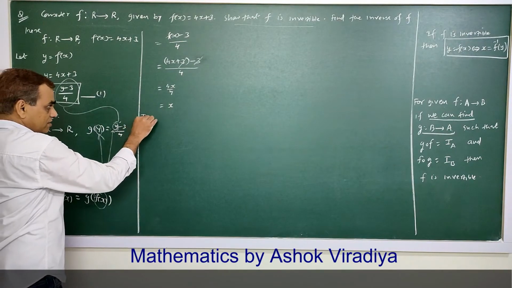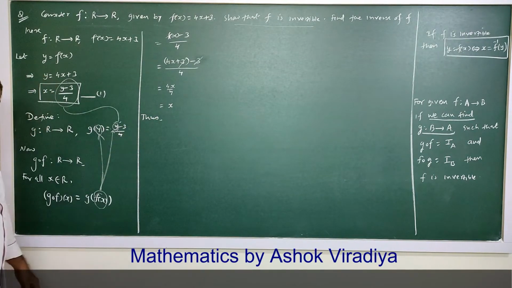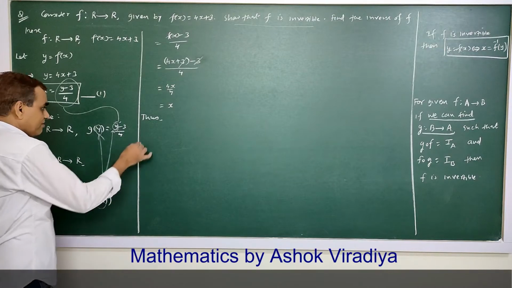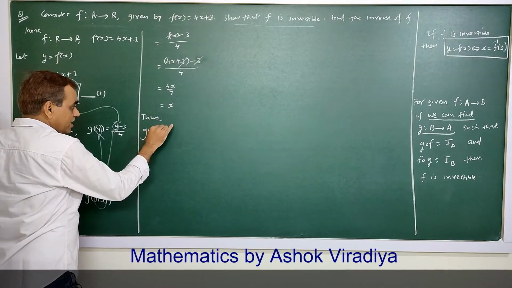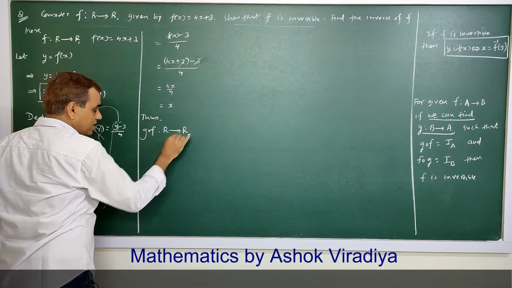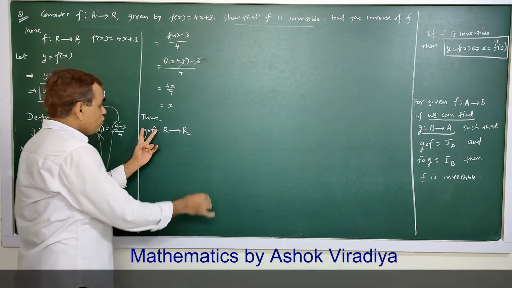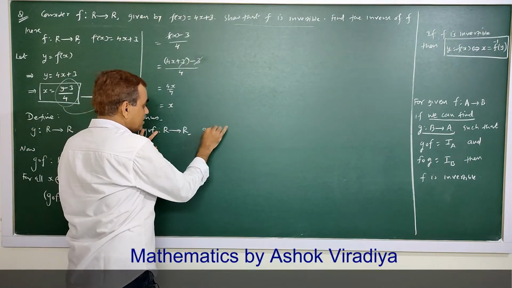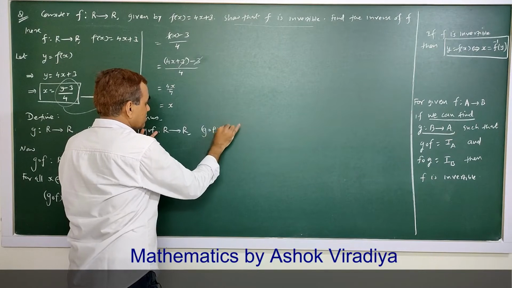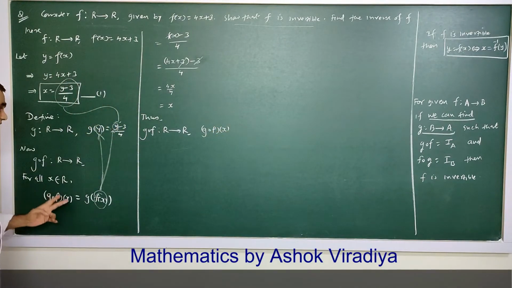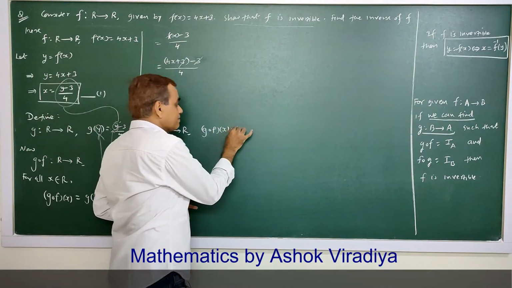Thus g o f is from R to R, and g o f of x equals x.